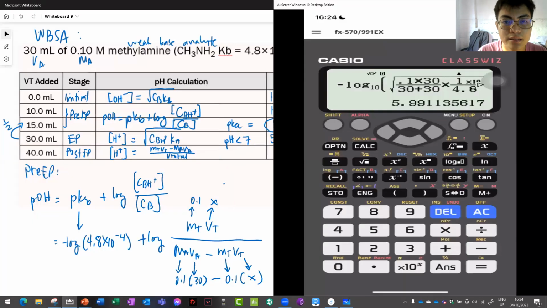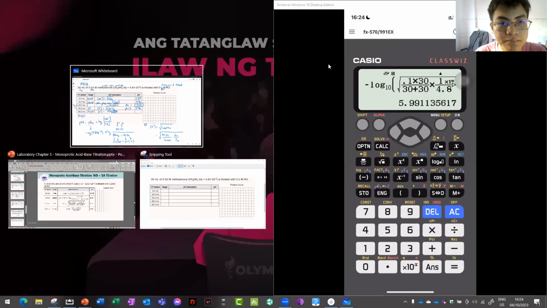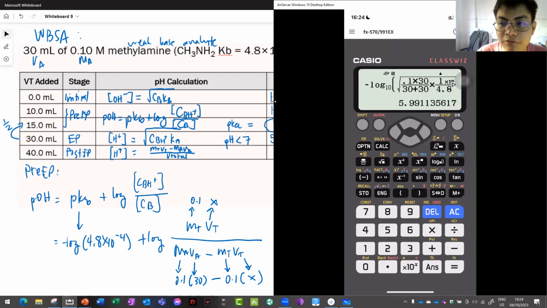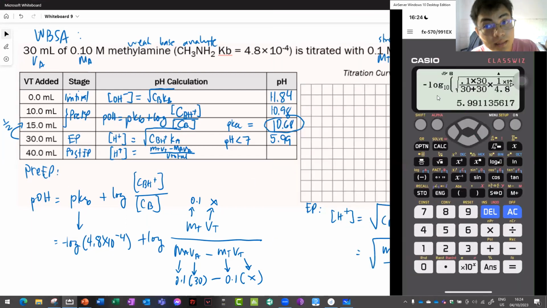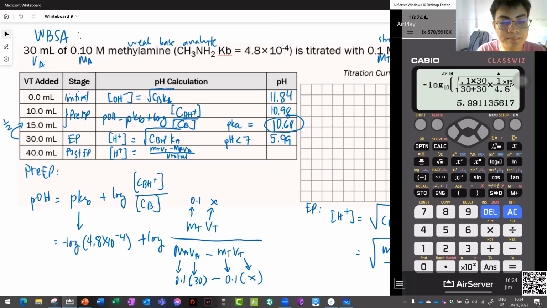And then finally, let's do the last one. Ito, diretso plug-in ko na sa calcu, ha? So, at the post-equivalence point, it's just the amount of the excess titrant. No?